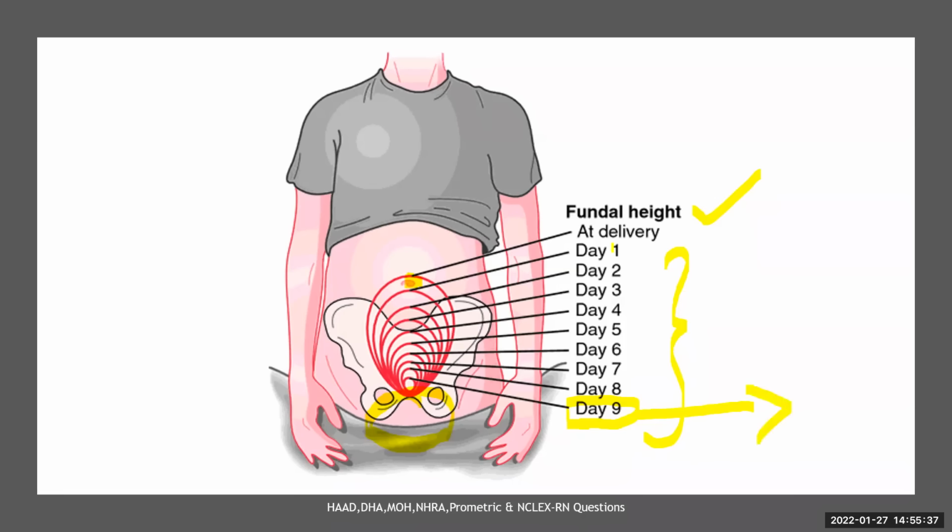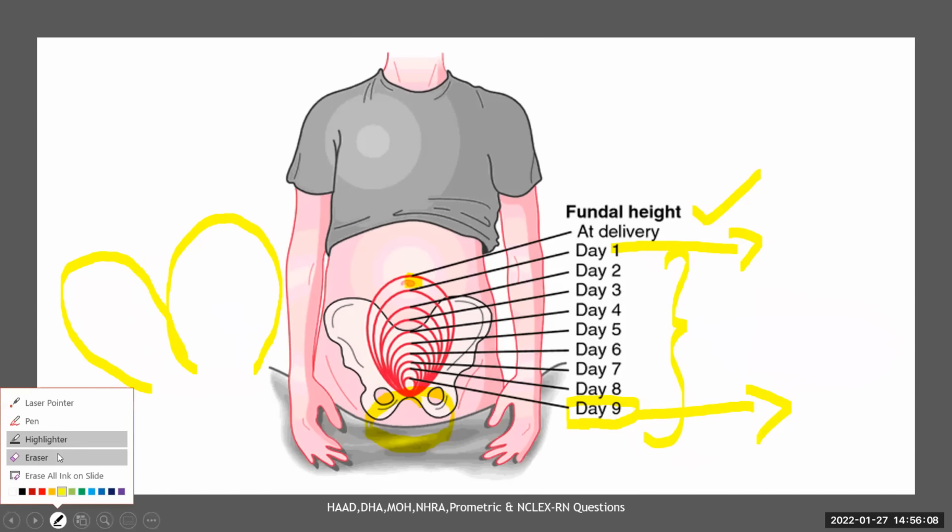Just remember, at day 1, where would the fundus be? Immediately after delivery, where would the fundus be? Please look at this picture, the fundus is at the midline. It is not deviated. Again, one more thing you can write down: a deviated fundus, that means a slightly tilted fundus, is indicating that the bladder is full.